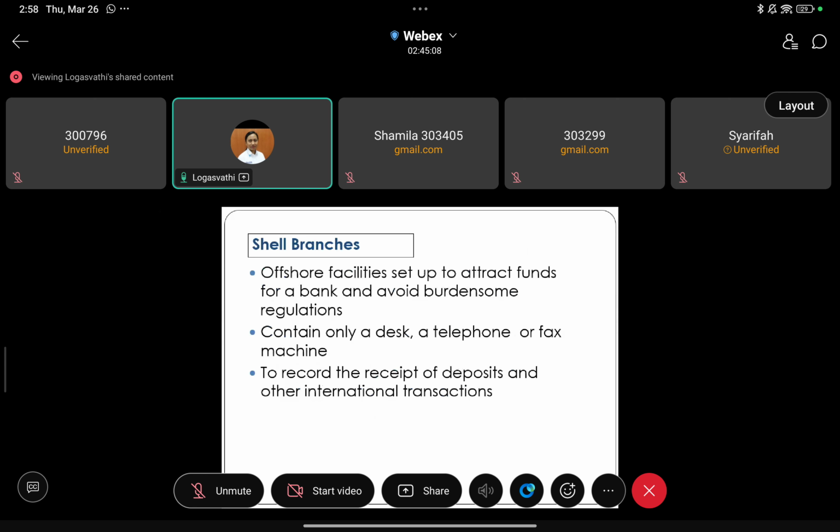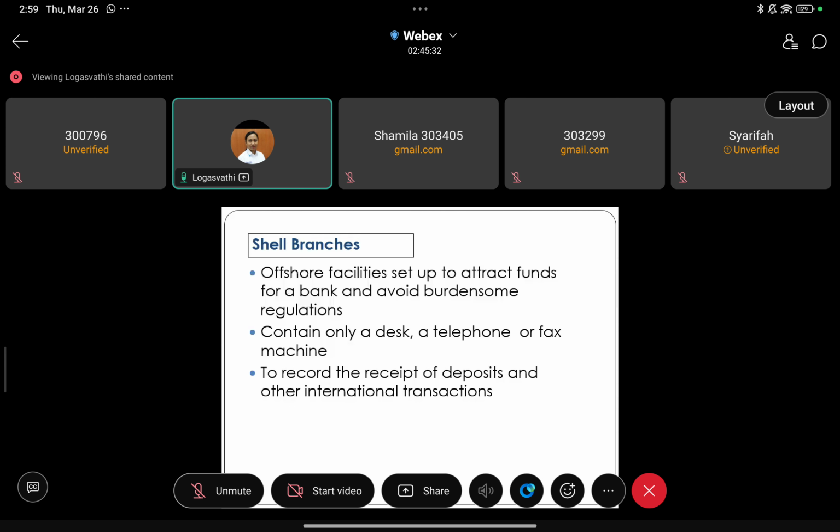They will keep it in a folder, or print it and keep it in a file system. The shell branches don't really have much activity except recording. They just keep the records of transactions. That's it, and they are normally located in the offshore centers.